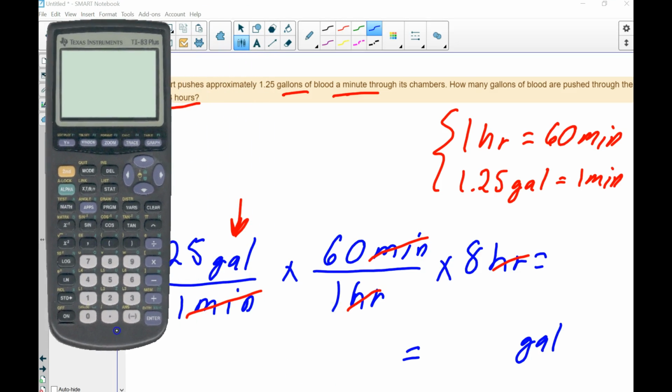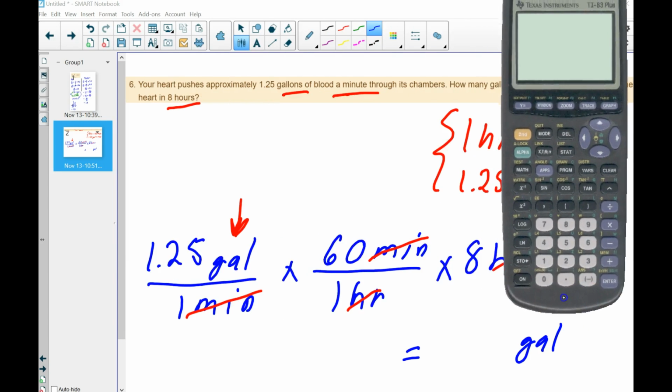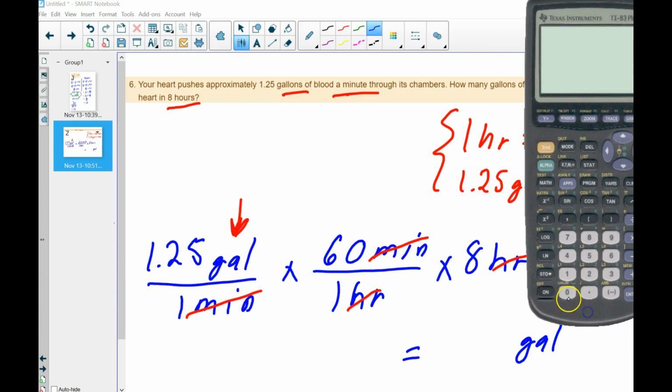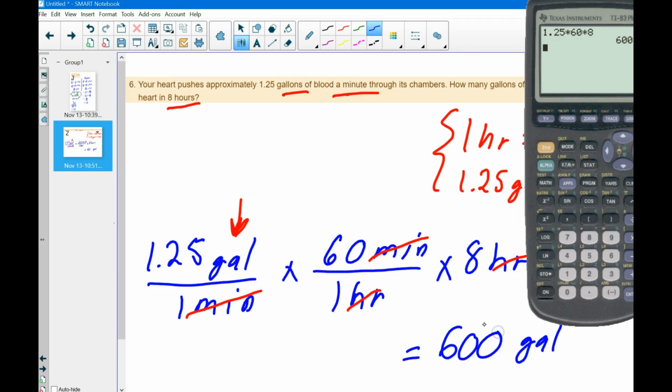So in the calculator, we can put 1.25 times 60 times 8, and we get 600 gallons of blood in 8 hours.